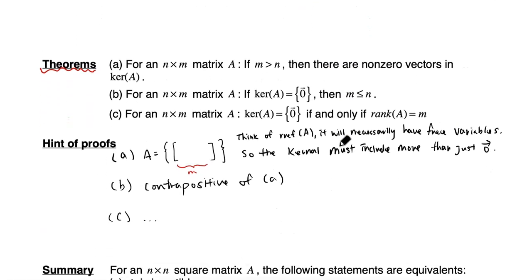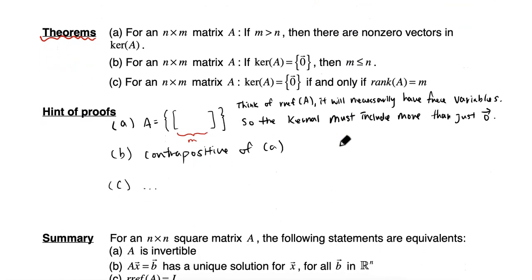To end this up, we have 3 theorems. Firstly, if we have a matrix whose order is n by m, then if m is greater than n, there are necessarily non-zero vectors in the kernel. How can we think about that? If m, which is the number of columns, is greater than the number of rows, there's necessarily going to be some free variables when we do RREF.